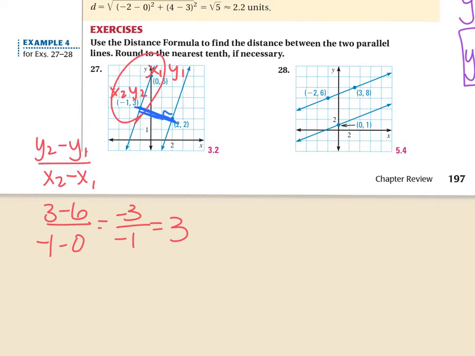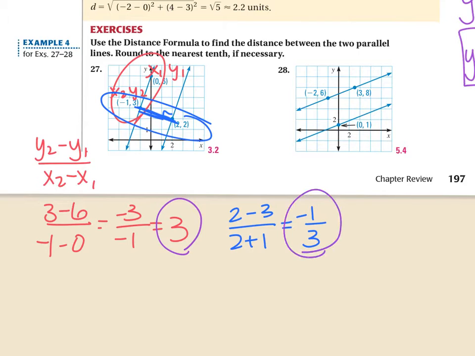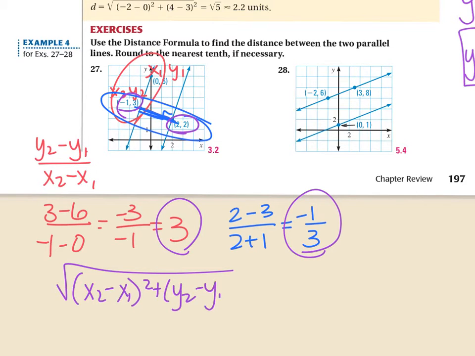And then the slope of this line, I would use these points. 2 minus 3 over 2 minus a negative 1 becomes 2 plus 1, negative 1/3. So because these are opposite reciprocals, I know those segments are perpendicular. And then I would find the distance using these 2 points. Distance formula is x2 minus x1 squared plus y2 minus y1 squared.